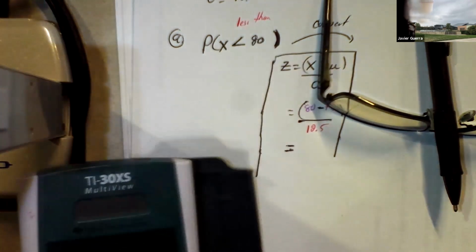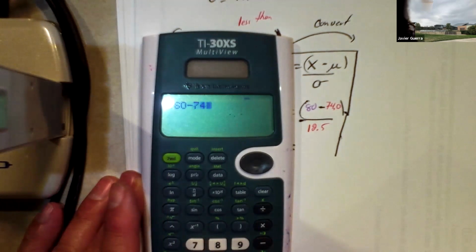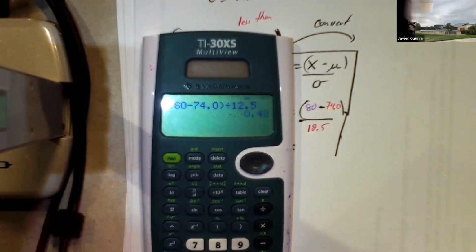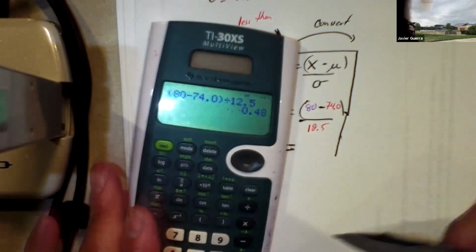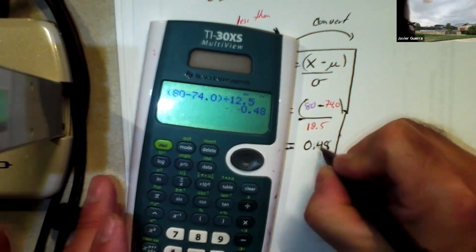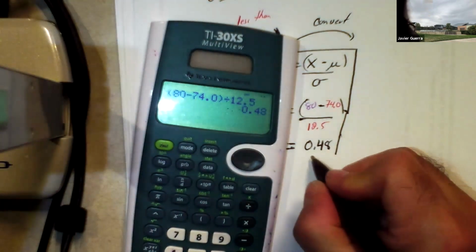80 minus 74.0, divided by 12.5 is 0.48. Okay, I don't have to round this one to 2 places. This is good.